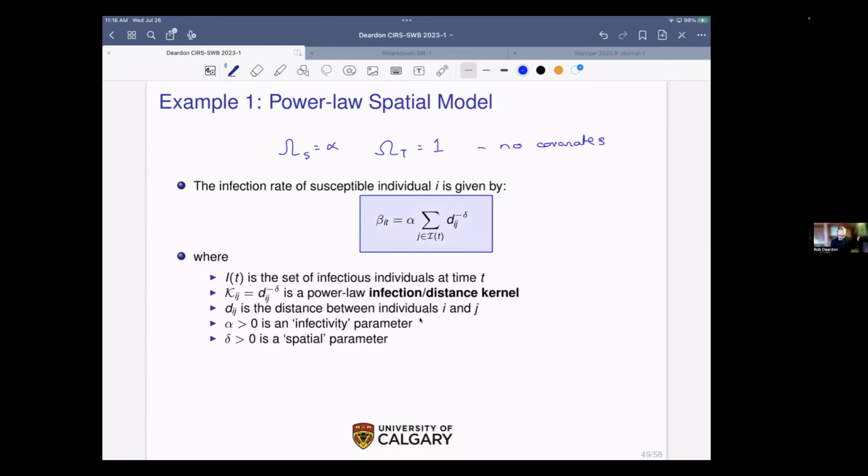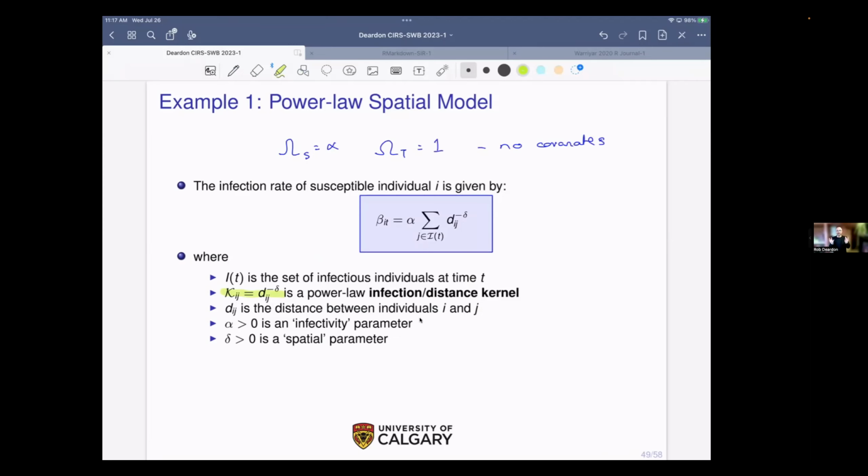Except what I'm going to do is say that the connectivity in my population, my kappa ij, is going to be d to the minus delta, right? So dij there is going to be the distance between individuals i and j, i the susceptible, j the infectious, and then we raise that to some power where delta is a positive value, okay?